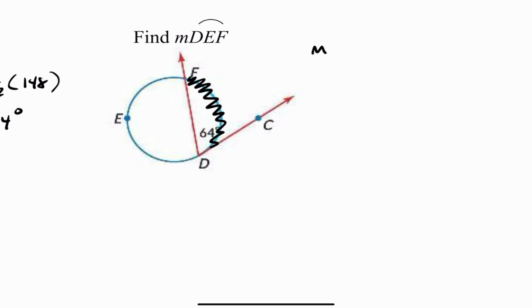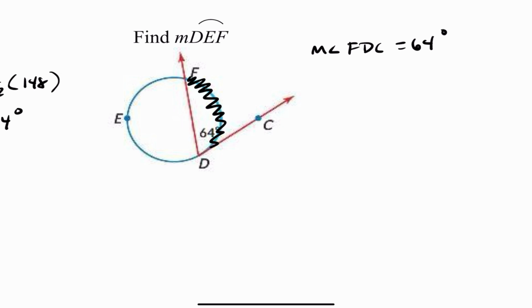The measure of angle FDC is 64 degrees. So what is the measure of this arc? Well, if the angle is 1/2 of its intercepted arc, then the intercepted arc itself is twice the angle.